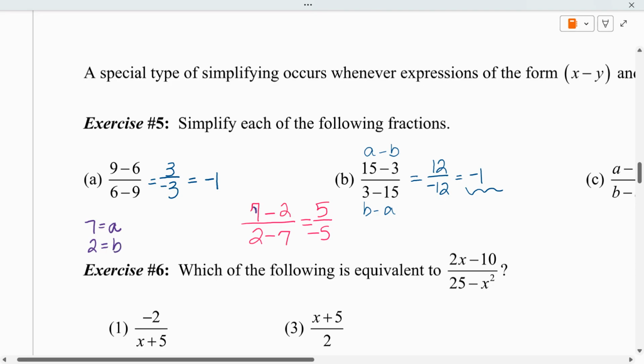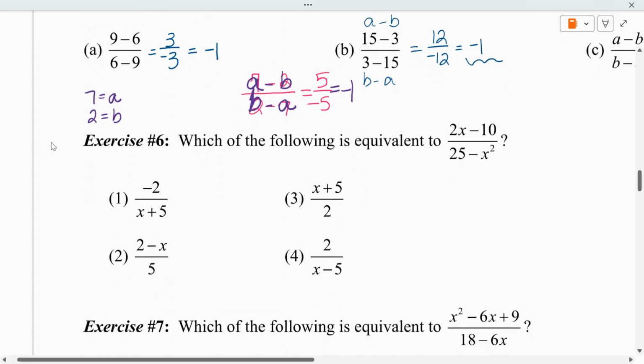I'm just going to write it over here. A minus B over B minus A. But what did it equal? Negative 1. Okay. That's all right. I want you to ask questions if you don't understand.